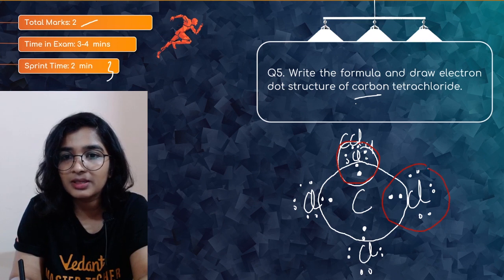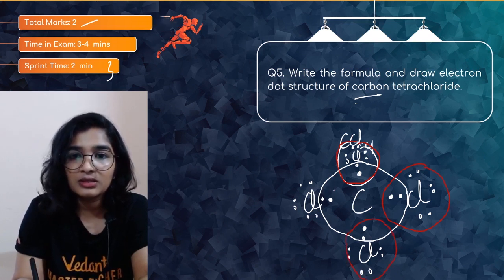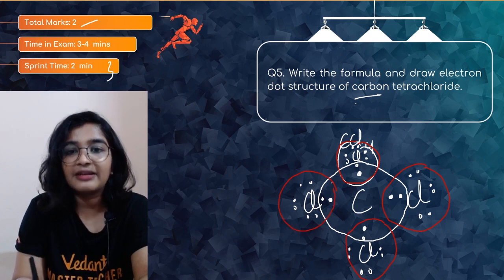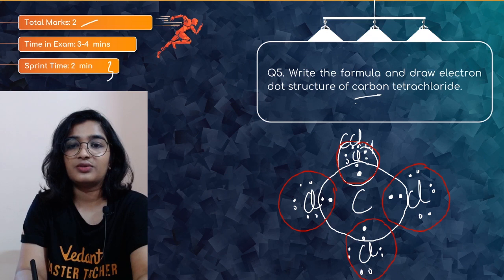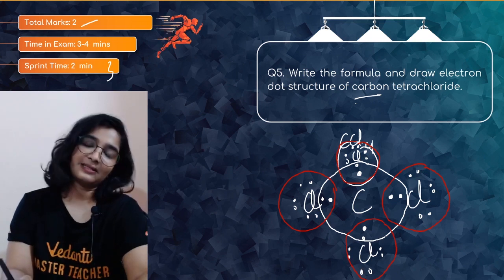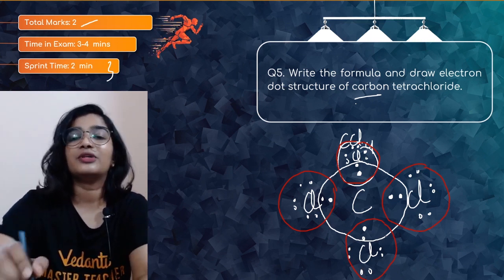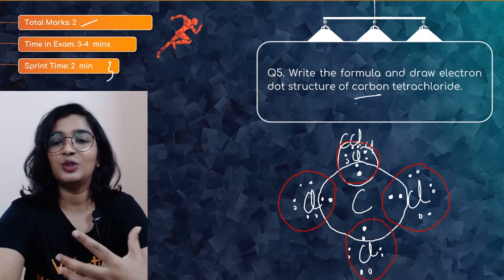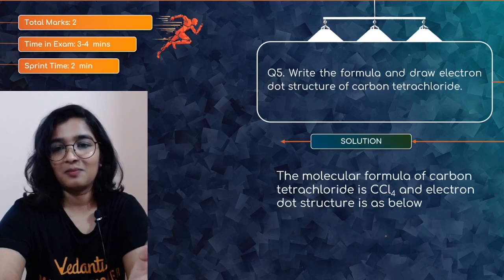So if you count the number of electrons, both carbon and all the chlorine atoms have 8 electrons. So this is the electron dot structure of carbon tetrachloride. Of course, you can write it more neatly. Pardon me.